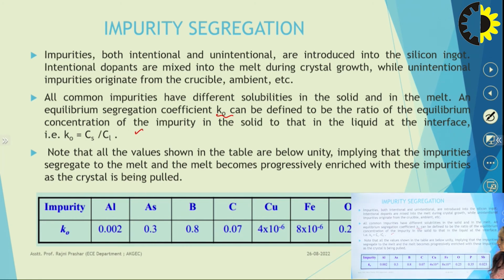From the table, aluminum, arsenic, boron, carbon, copper, iron, argon, phosphorus and antimony have an equilibrium segregation coefficient K0 less than unity.